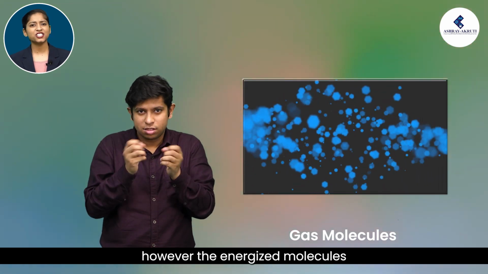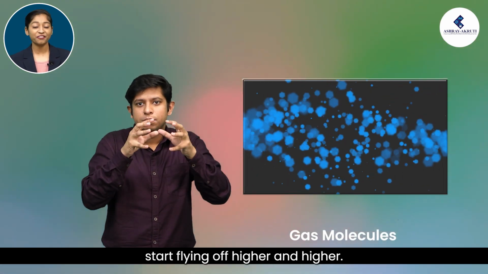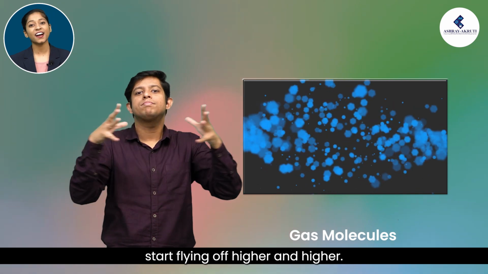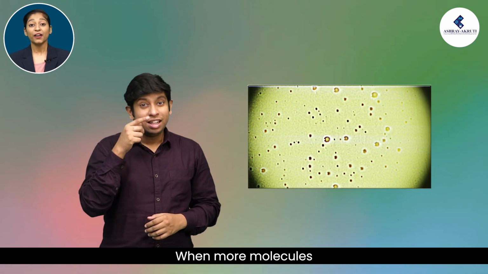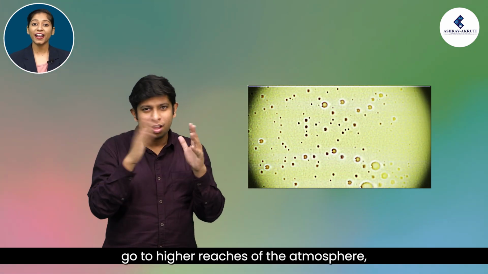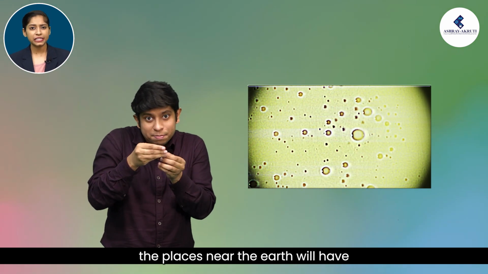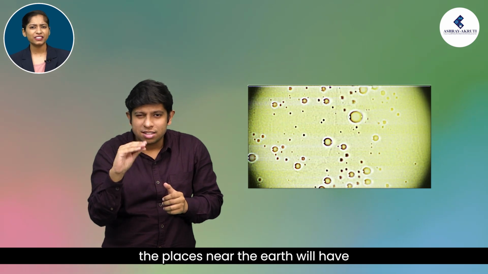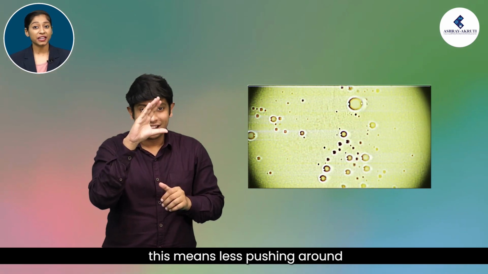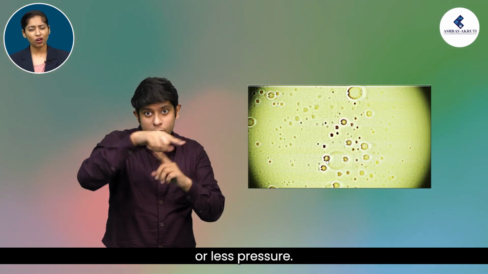However, the energized molecules start flying off higher and higher. When more molecules go to higher reaches of the atmosphere, the places near the earth will have less of them. This means less pushing around or less pressure.